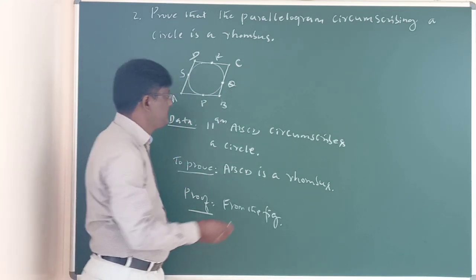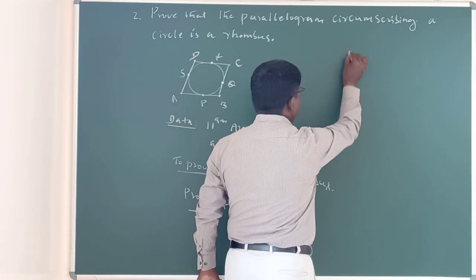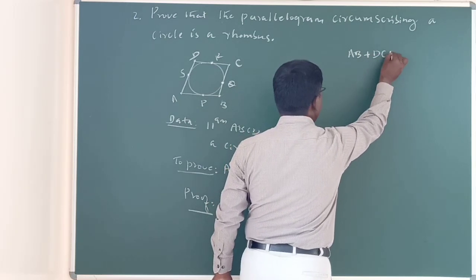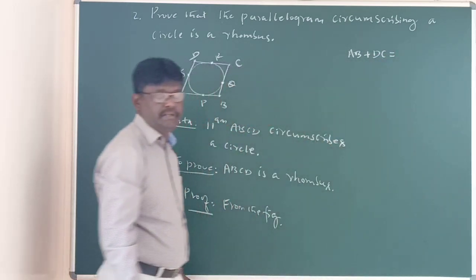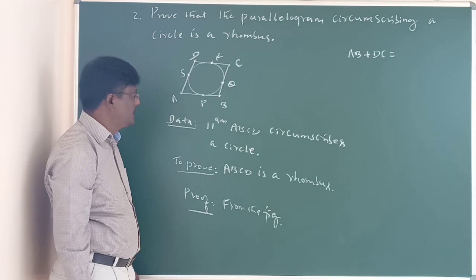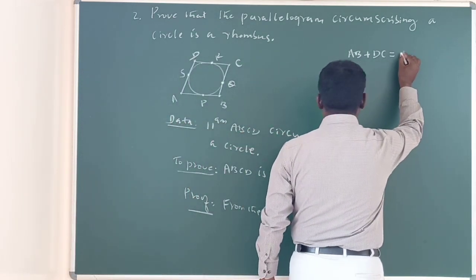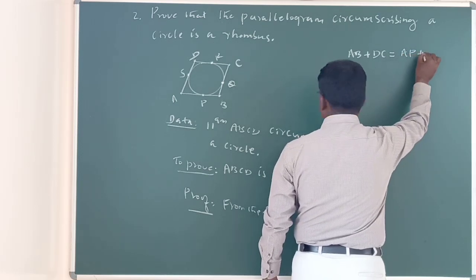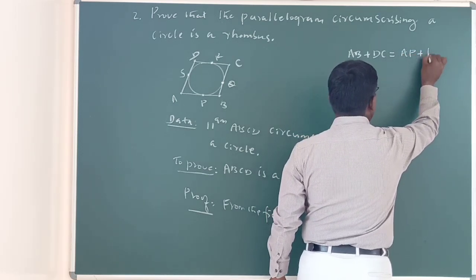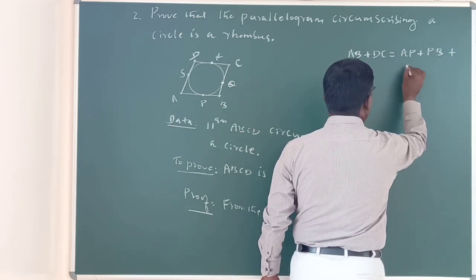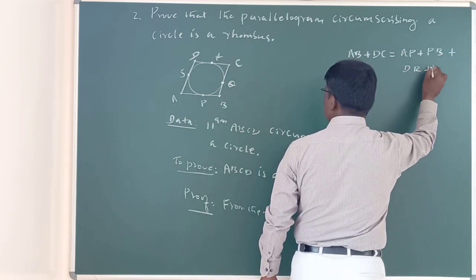From the figure, AB plus DC equals AB plus DC, just like the previous problem. Now let us split AB as AP plus PB, and DC as DR plus RC.